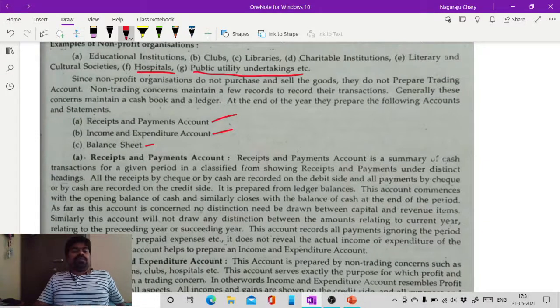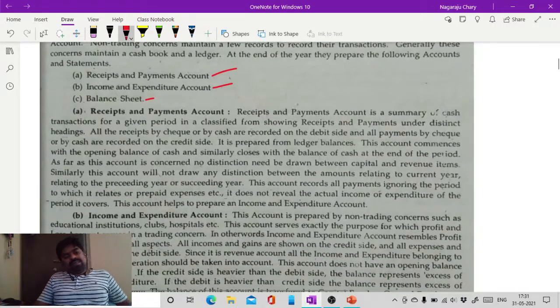These are the three items. We can say the first two are accounts, and the last one is a statement. These three are prepared at the end of the year in non-profit organizations.